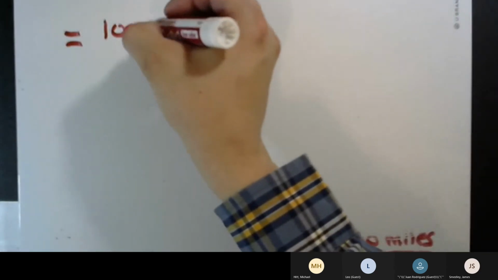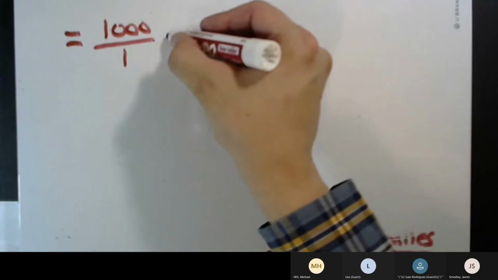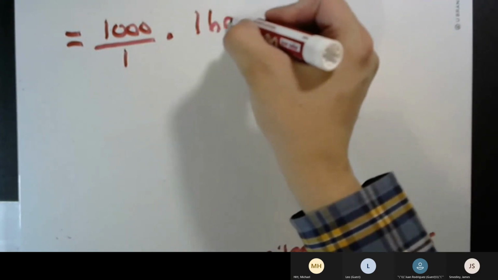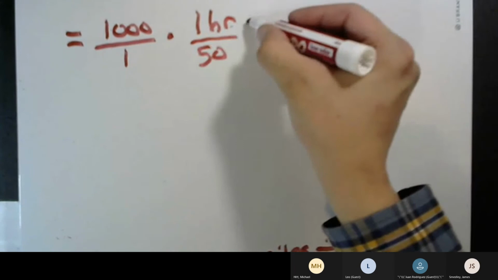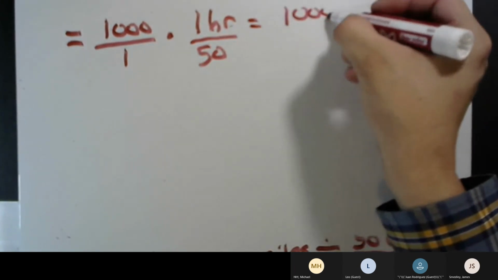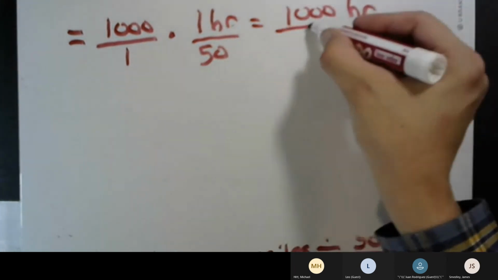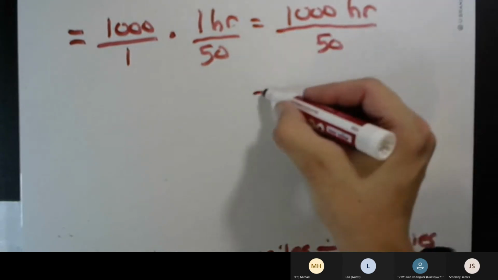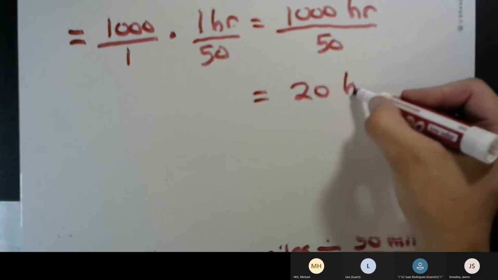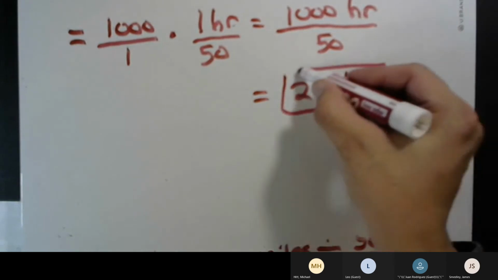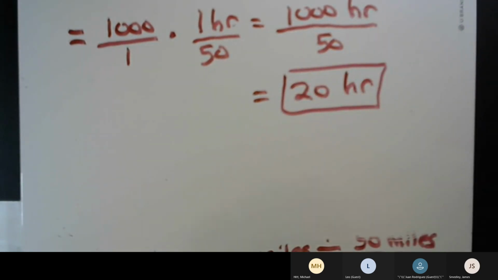So you get 1,000 over 1 times 1 hour over 50. Multiply across, you'll get 1,000 hours divided by 50, and that's going to be 20 hours. Now, what you can also say is that with this formula, if you use it correctly, you're always going to get a time for an answer. But if you want to get into the details of why that's true, this is the reason why.